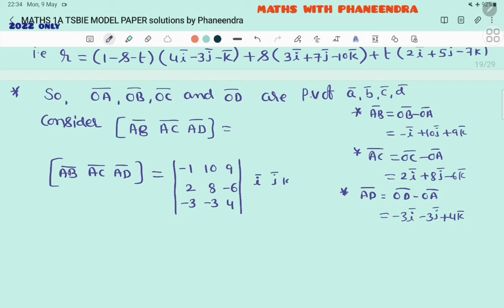If you prove this determinant value is 0, the coplanarity will come.